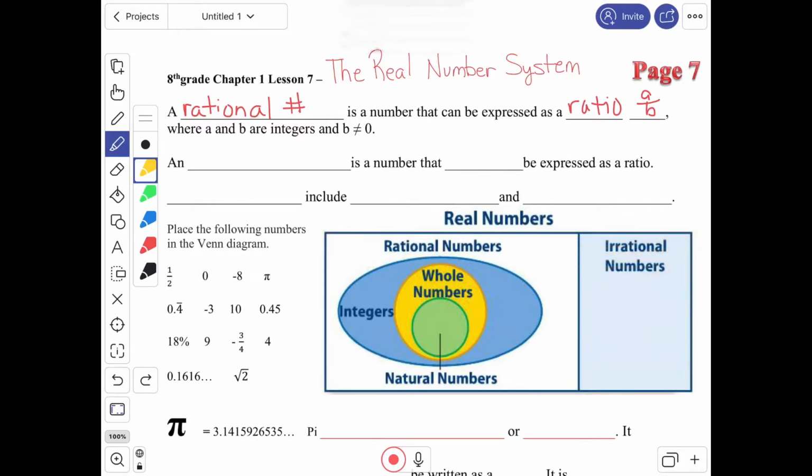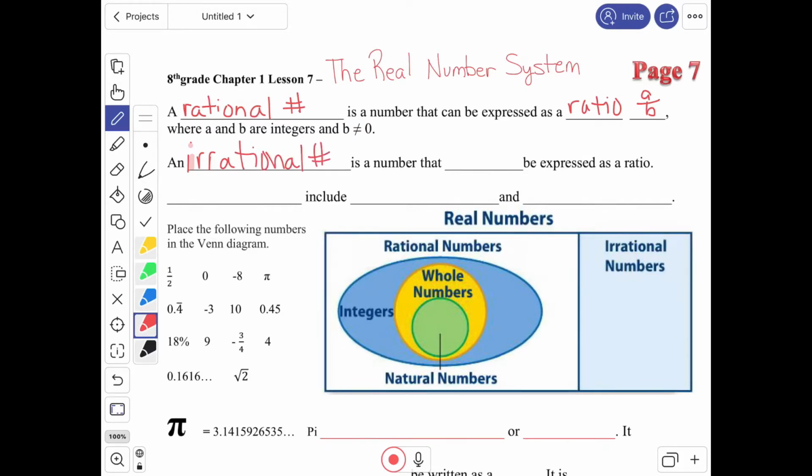Now we're going to talk about irrational numbers. They're just wild and crazy. So an irrational number is a number that cannot be expressed as a ratio. A rational number can be written as a fraction.